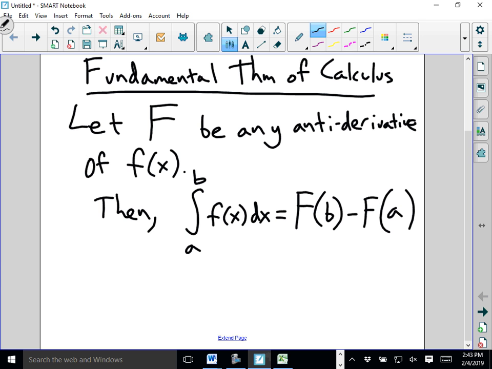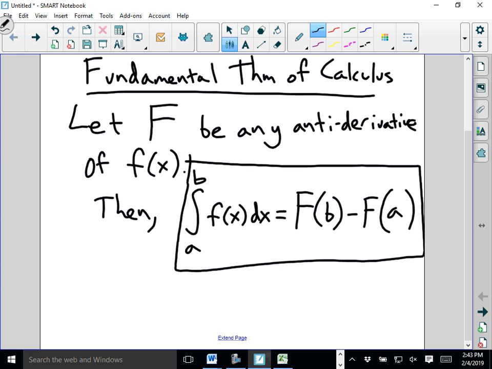This is a really, really powerful equation. We're going to be using this right now to evaluate definite integrals, but later on we'll use it to find either capital F of b or capital F of a, which again is a very powerful tool for us to use.